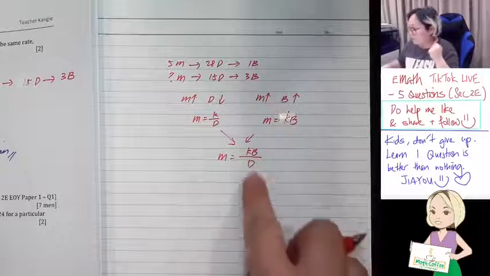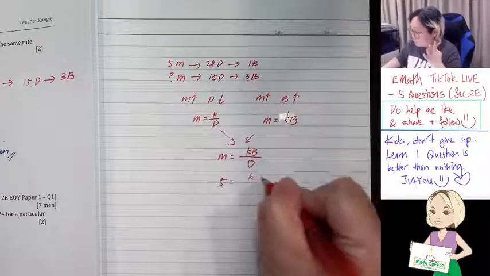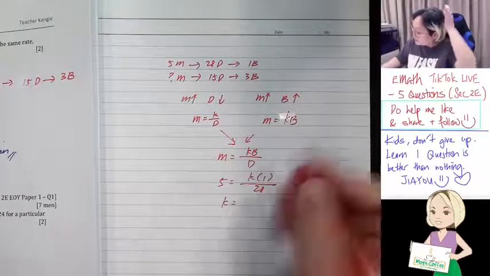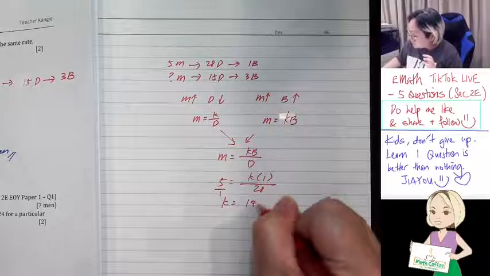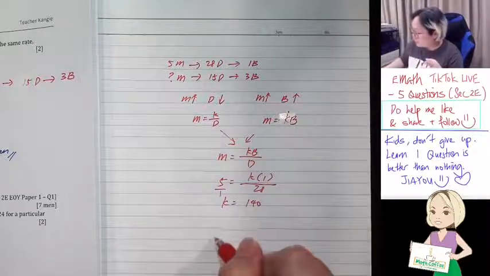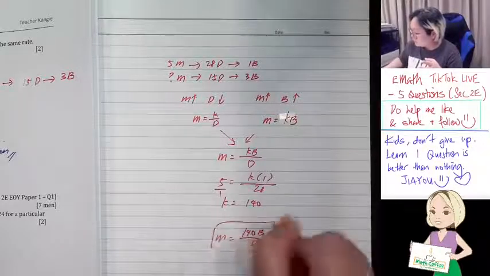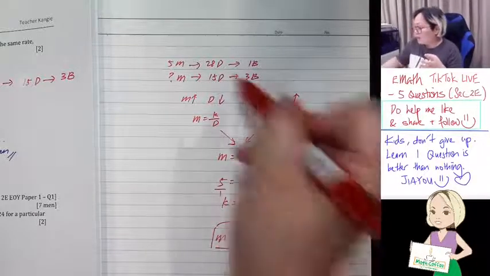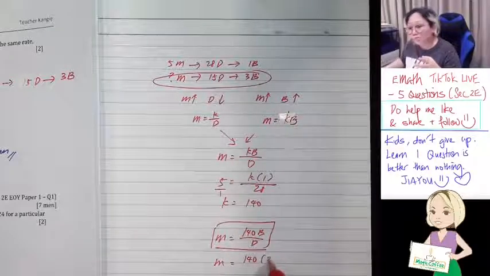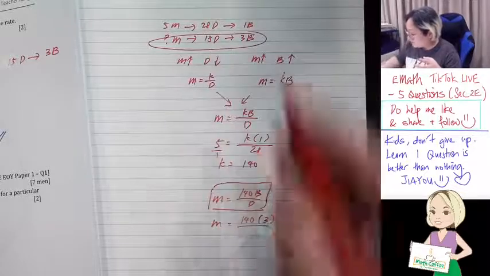With this, sub in the values. I have 5 men, K I'm supposed to find, boat I have 1, D I have 28. So my K is equal to 140. Then you come back to the formula. Now you know M is equal to 140B over D. So now you can sub this in: M equals 140 times 3 boats over 15 days.